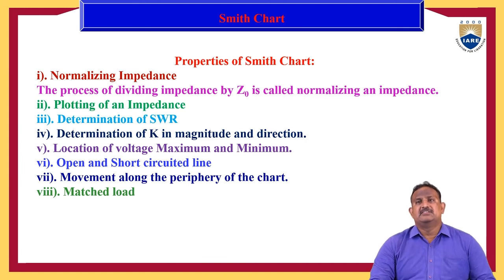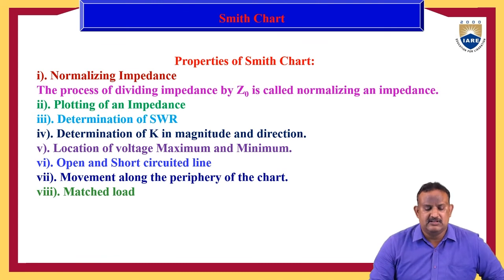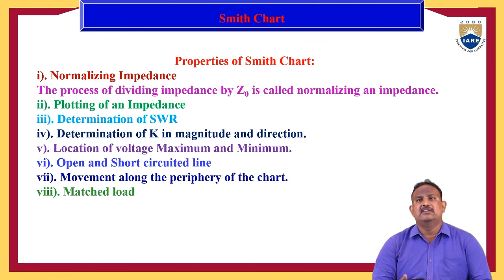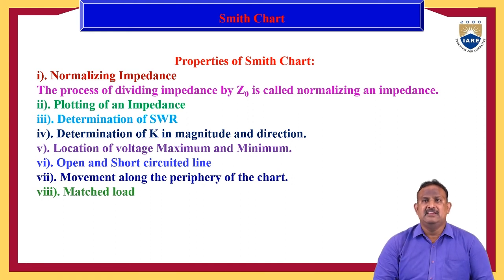So we'll see the properties of the Smith chart. The first one is that it is used to find the normalized impedance. The process of dividing impedance by Z0 is called the normalized impedance, and it is used for the plotting of impedance. It is used to determine the standing wave ratio of a transmission line, to determine the magnitude of reflection coefficient K, and to locate the voltage maxima and voltage minima.